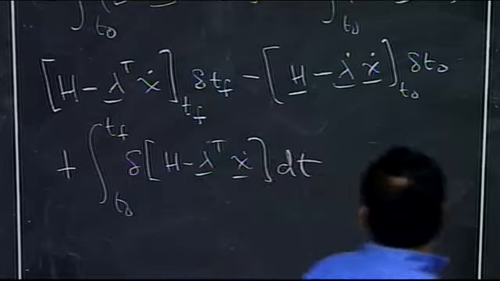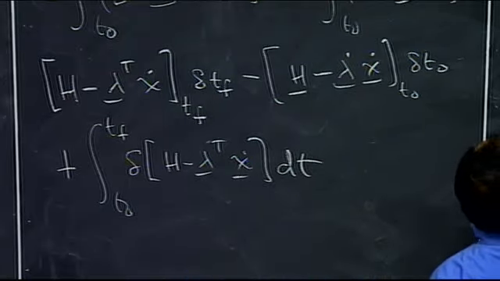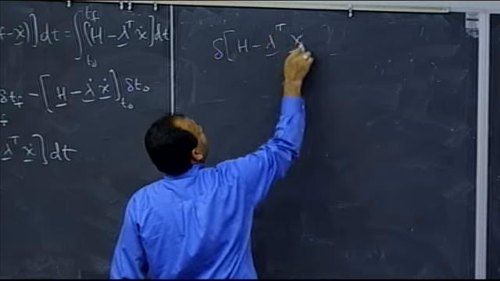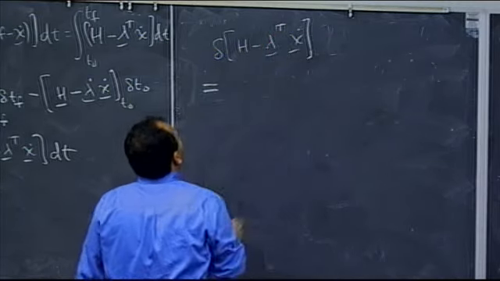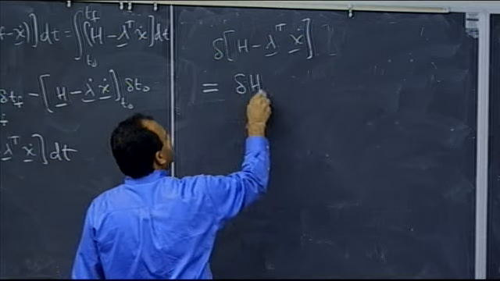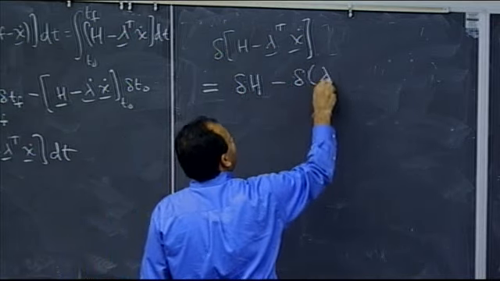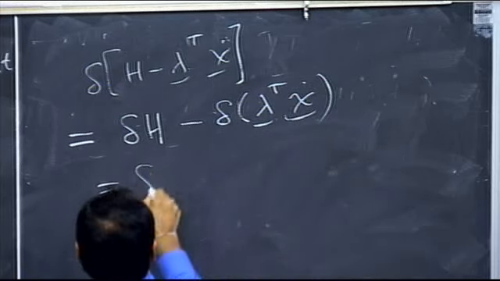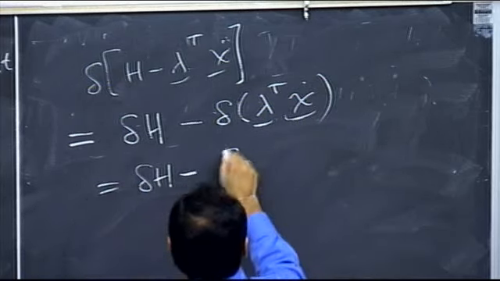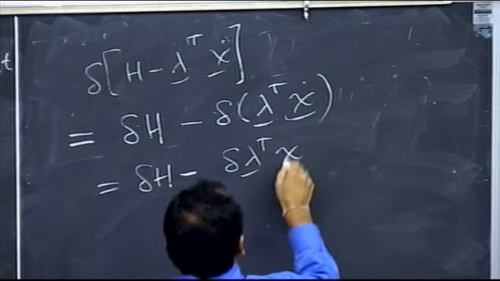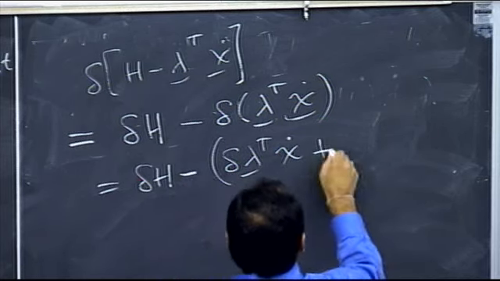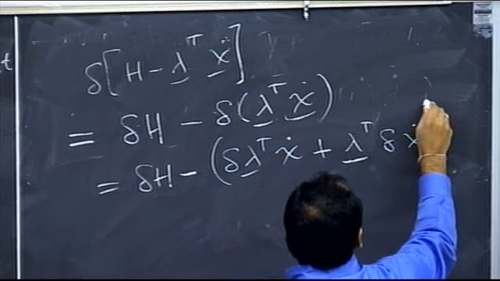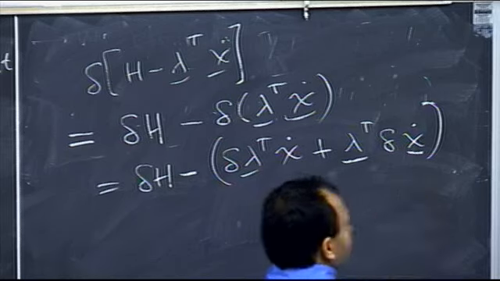So let's do the variation in H minus lambda transpose times x dot. What's that going to equal? Well, it's going to equal the variation in H minus the variation in lambda transpose x dot, which is going to equal the variation in H minus the variation in lambda transpose x dot, and then plus lambda transpose times the variation in x dot, right? That all makes sense?